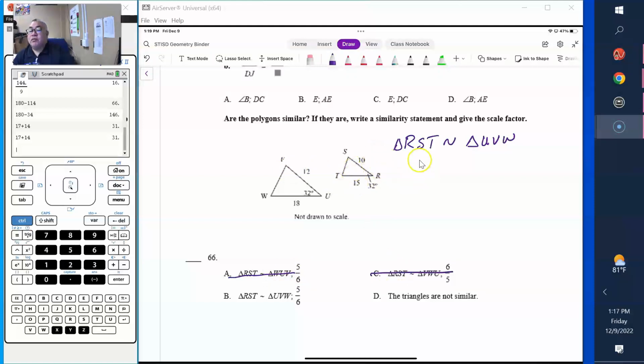So now what we're going to do is use this statement to come up with our ratios. So we have RS is to UV. RS is 10. UV is 12. And then we're going to do RT.